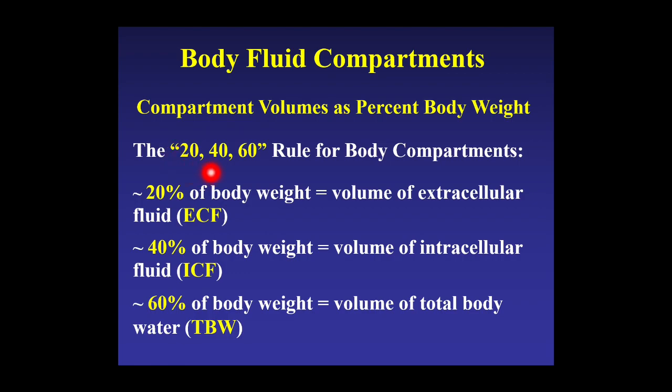Some people call it 60-40-20, whatever makes you happy. 20% of your body weight is extracellular fluid volume. 40% of your body weight is the intracellular fluid volume, and total fluid volume in your whole body is about 60% of your body weight. So again, 60% of your body weight is water. If you weigh 70 kilograms, you practically have about 42 liters of water. 42 is 60% of 70.